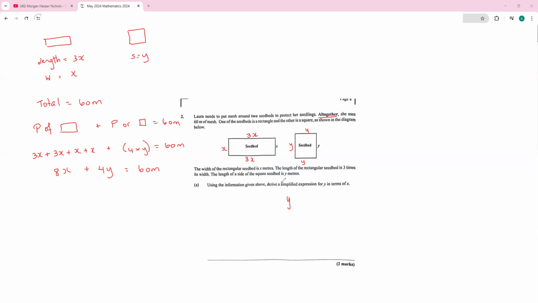So that means we want to put y on one side, so basically making y the subject, and then x will be on the other side.